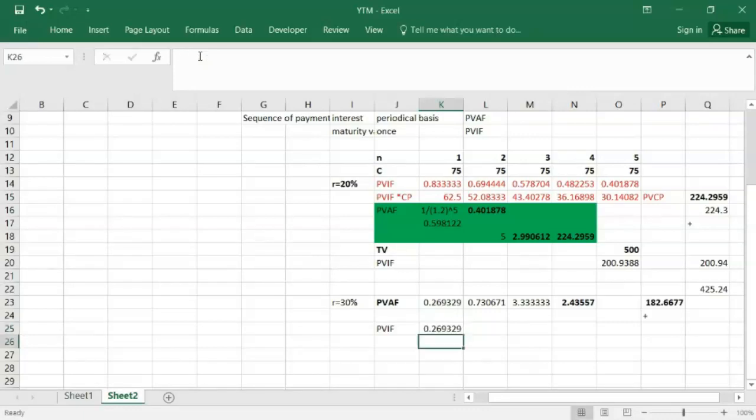Here, for the 5 years, it becomes 0.269, which is the interest factor. This interest factor is multiplied with the face value. The face value of the instrument, or the terminal value of the instrument, is 500 rupees. Hence, this 500 multiplied with the present value of interest factor is 134.6645.